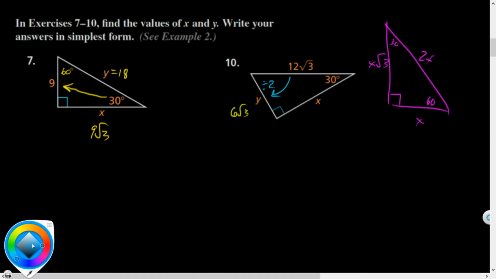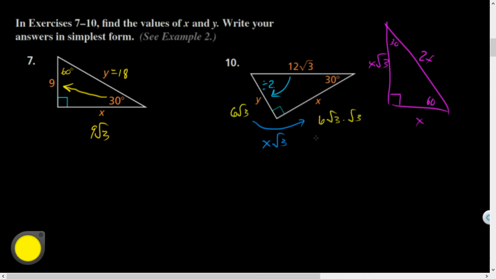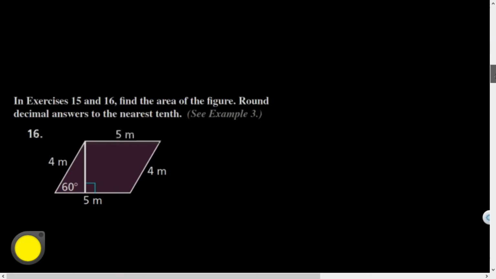And then to go from that to that, the short leg to the long leg, I multiply by rad 3. What's that going to be, 18? So 6 rad 3 times rad 3, 6 times 3, 18. Yeah, there we go. So it's just a matter of multiplying or dividing by these appropriate ratios.